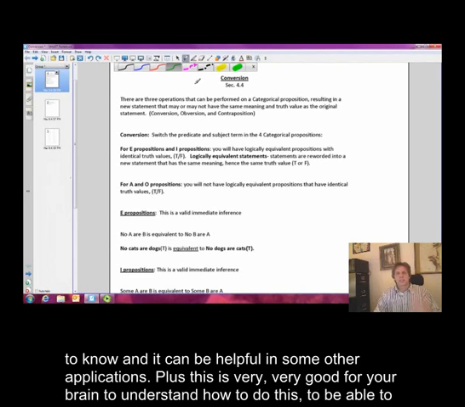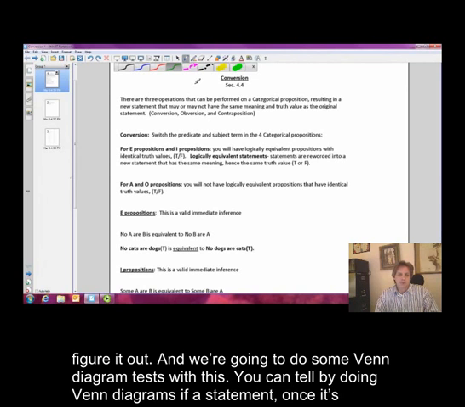Plus, this is very good for your brain, to understand how to do this and figure it out, and we're going to do some Venn diagram tests with this.